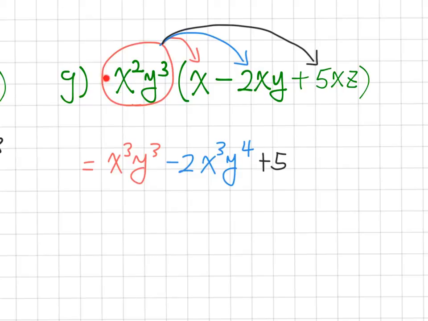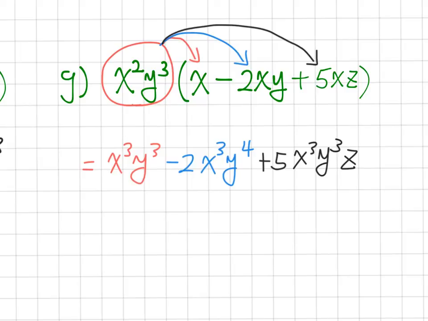Then x squared times x gives x cubed. Now I have y, but there's no y, so y just follows along with it. And then z stays still here, so we simply put z as well. So this will be the answer for the G.